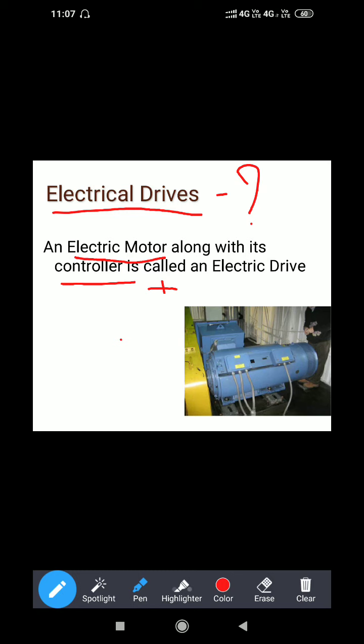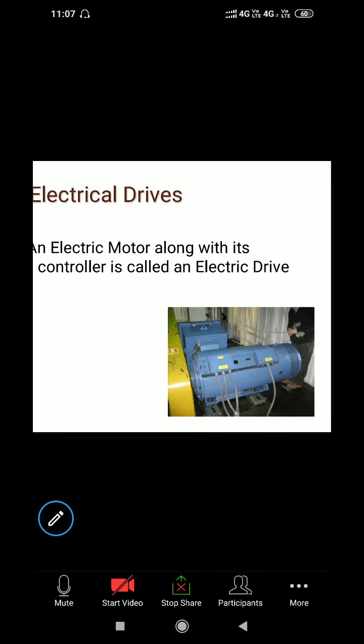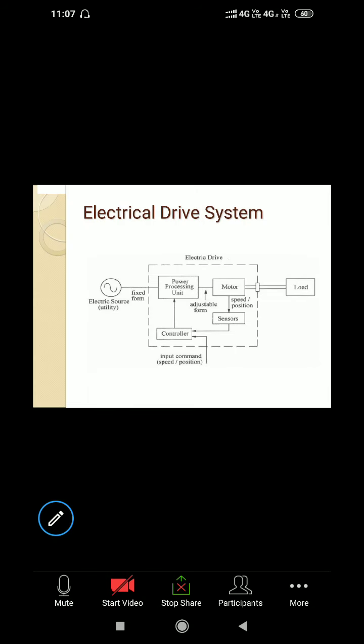Now next we'll see what an electrical drive system is, meaning what components an electrical drive includes and how it works. This is the general block diagram for an electrical drive system.